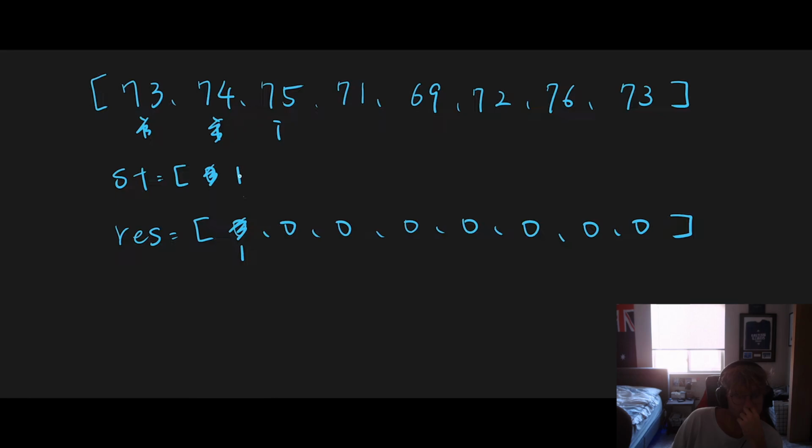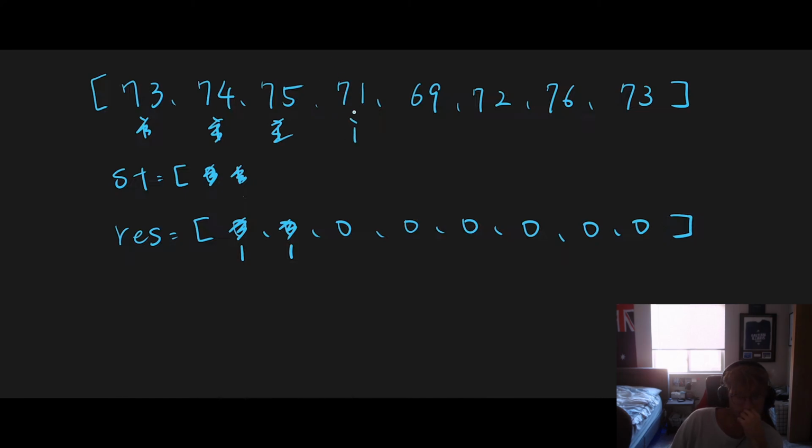So that's why pop the latest day in the stack, so index 1, and update index 1 in the result variable with current day minus 1, so 2 minus 1, so that is 1, right? So it looks good. And move next.